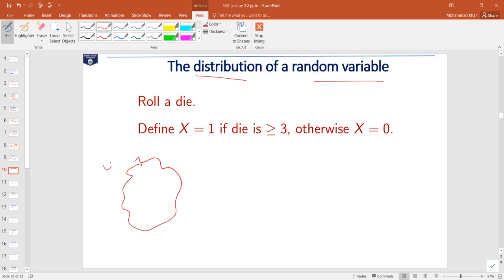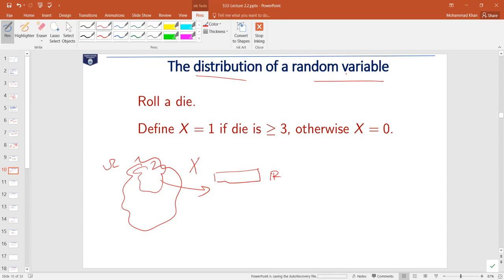It is defined on the sample space to a set of numbers, some portion of it, random variable X. Now, when you say distribution of a random variable, we are really talking about how this sample space is distributed over these numbers. So there are some numbers. How are the outcomes from the sample space distributed over this region? So it is called the distribution of a random variable.